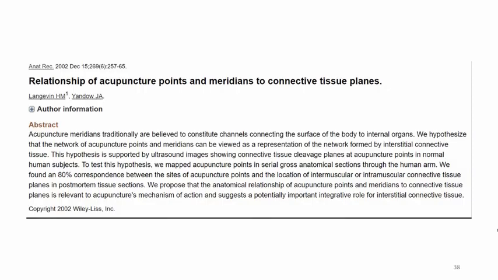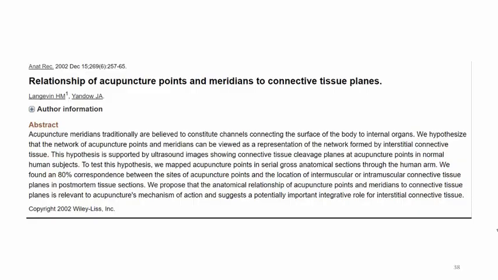But the medical acupuncture people, and I do lecture to a lot of non-acupuncture veterinarians who want to know about how this works. And now this paper is not that new. It came out in 2002, and it talks about the relationship of acupuncture points and meridians to connective tissue planes.